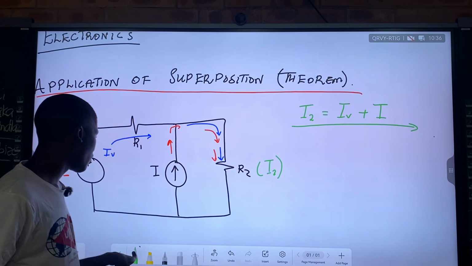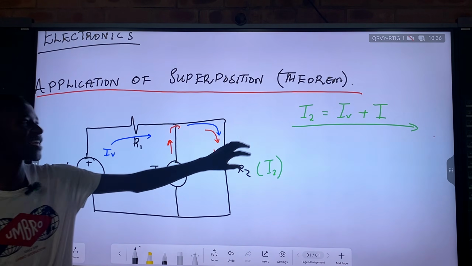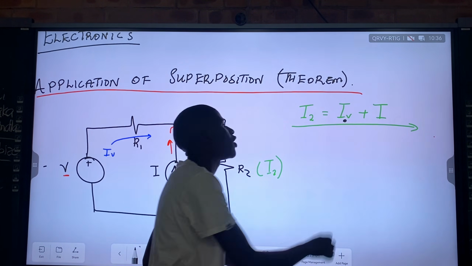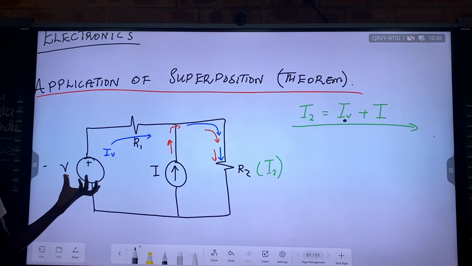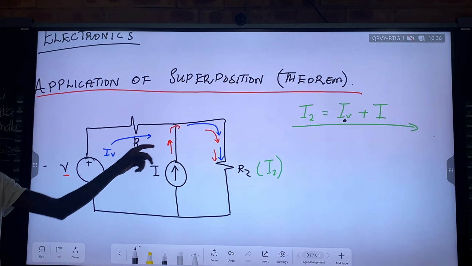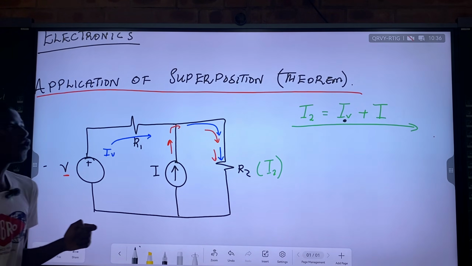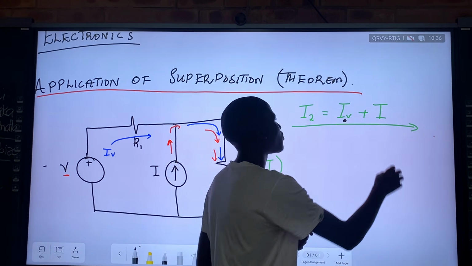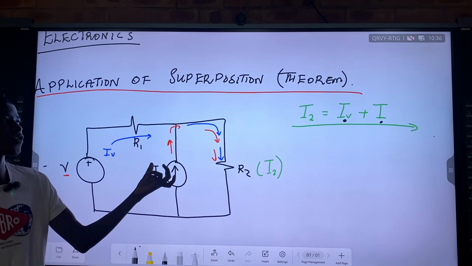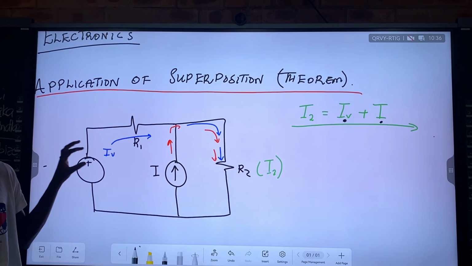So when we want to find the current I2, we must first calculate IV alone, the current produced by the voltage source alone, without the second current source. We also need to find I alone, which is the current produced by the current source alone, without the voltage source.